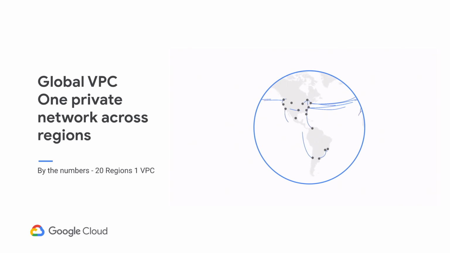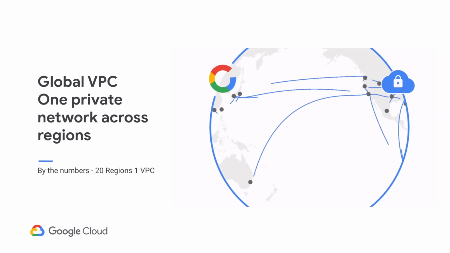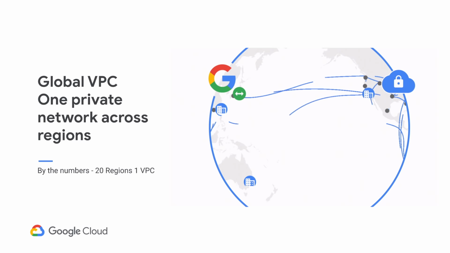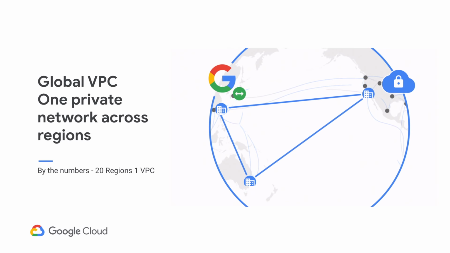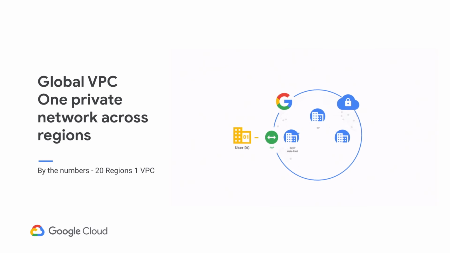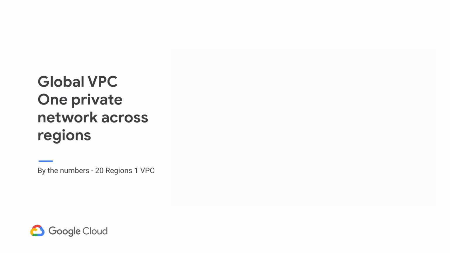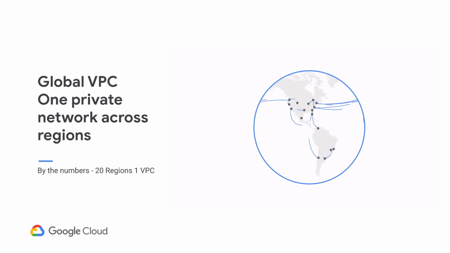We're getting closer to doing the labs now. One of the things that you've been hearing about is the global VPC, a virtual private cloud. We have over 20 regions around the world, and every region has at least 3 zones for redundancy.